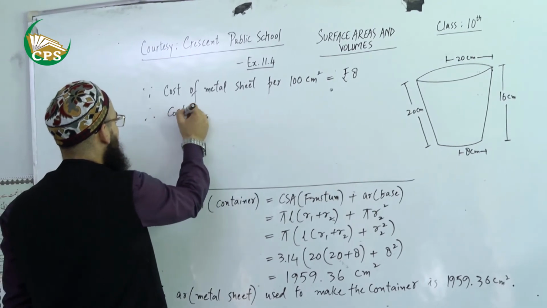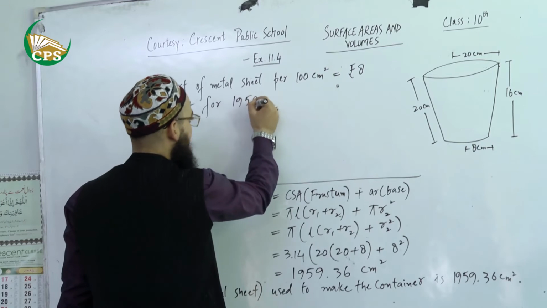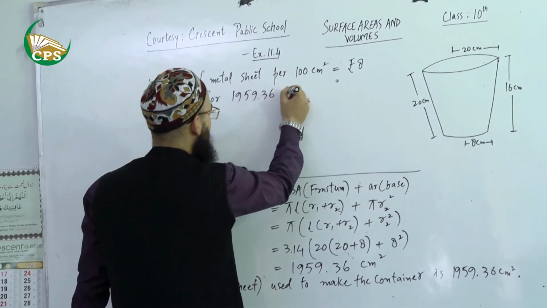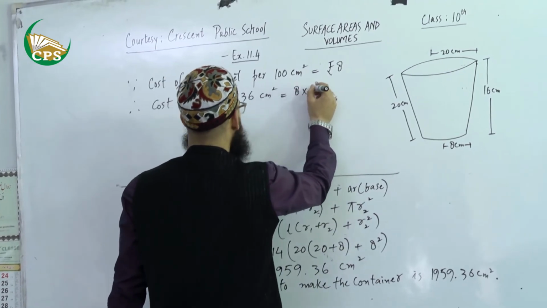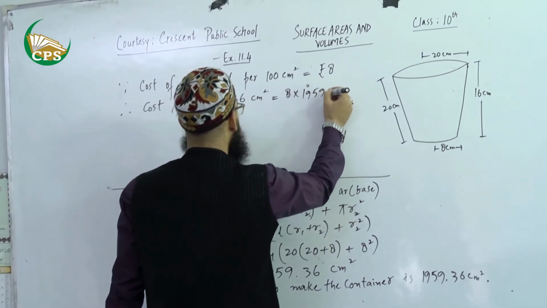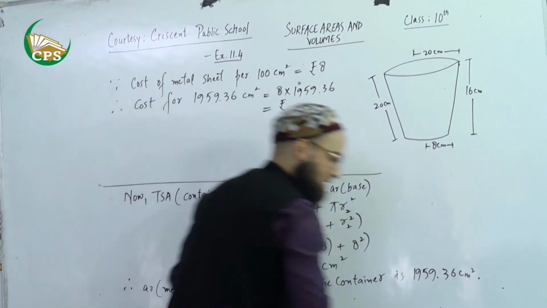Therefore, cost for this much, 1959.36 square centimeter, is equal to 8 times 1959.36.